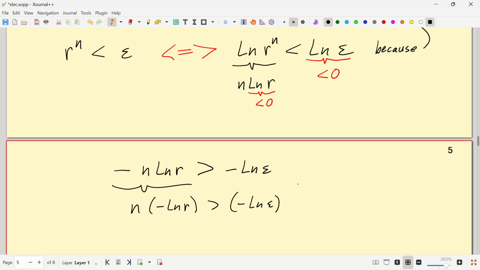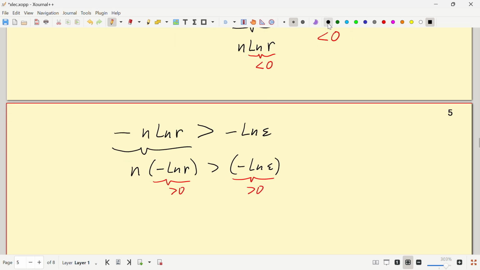These are positive numbers now. And so I see I need n to be bigger than minus log epsilon divided by minus log r, which is a positive number. And of course that's equal to log epsilon over log r. But those are negative numbers.